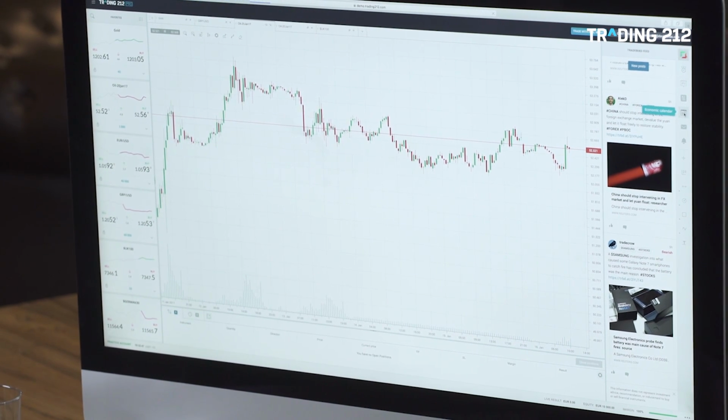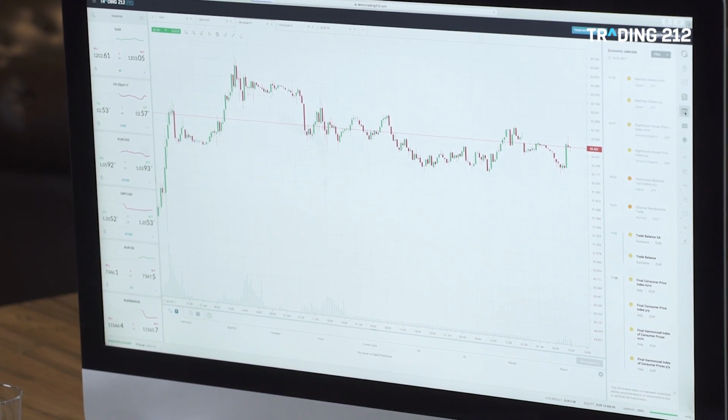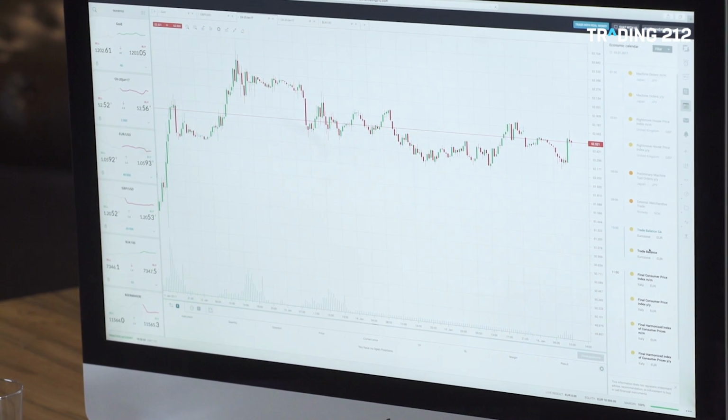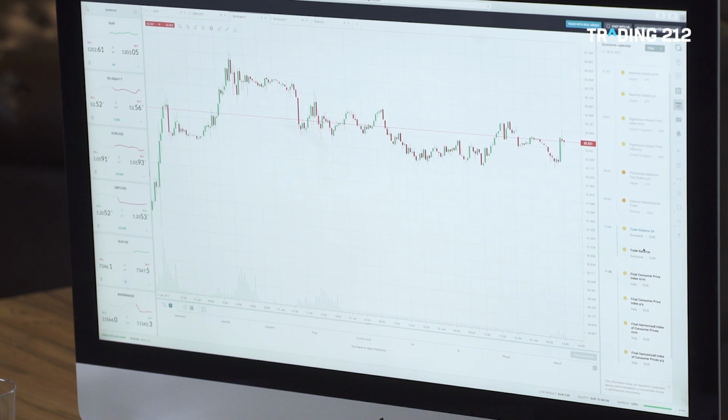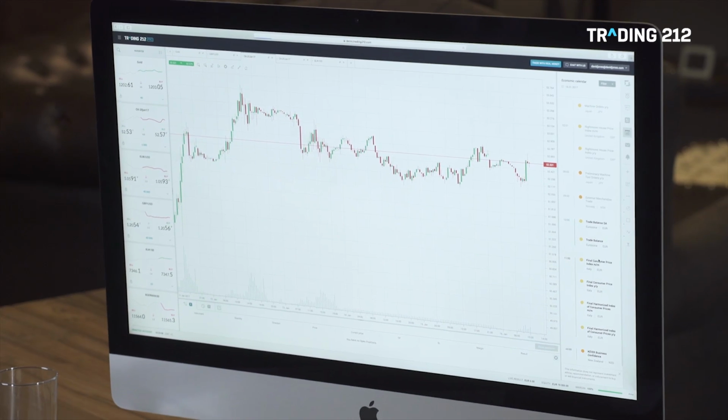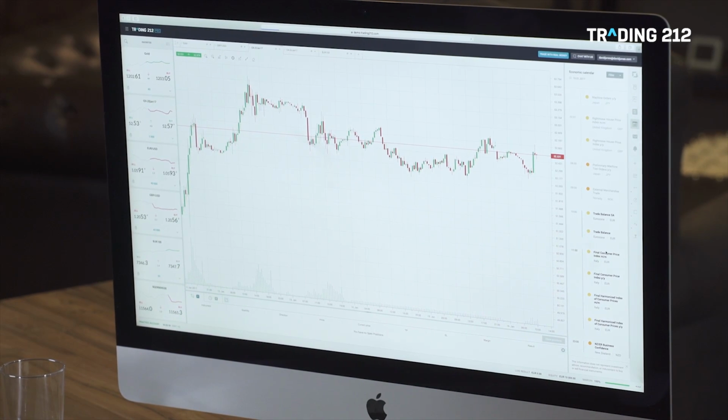So if we click on here, there's the calendar coming up. Looking at it now, we're expecting the trade balance from the Eurozone. That might have an impact on, for example, European stock markets, or various currency markets out there. Then it's all a little bit quiet until the early hours of the morning when we get business confidence from New Zealand.